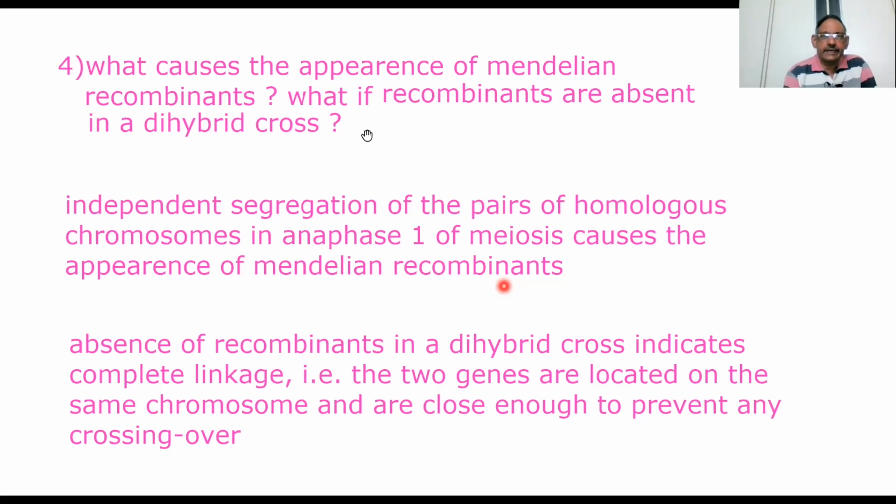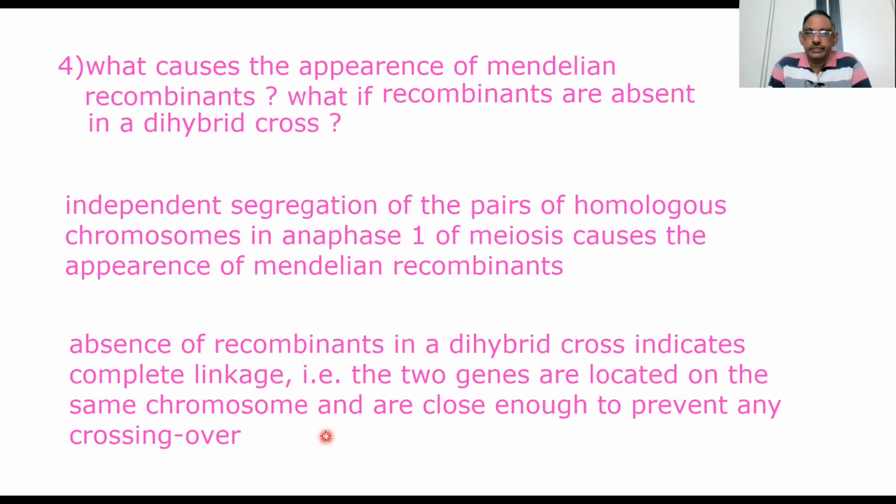We'll go to the second part of the question. What if recombinants are absent in a dihybrid cross? If you end up only with parentals and there are no recombinants, what does that mean? Absence of recombinants in a dihybrid cross indicates complete linkage. That is, the two genes under consideration are located on the same chromosome and they are close enough to prevent any crossing over.